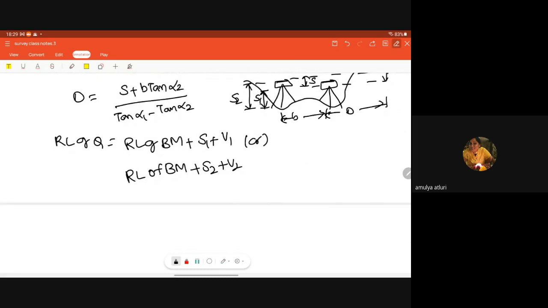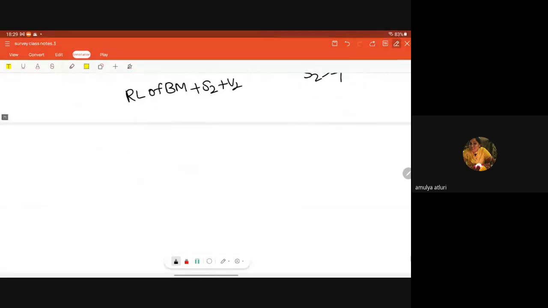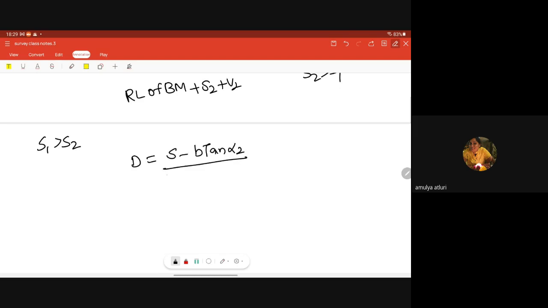This is the case if my S2 is greater than S1. If my S1 is greater than S2, then what is the case? Then D is equal to S minus B into tan alpha 2 by tan alpha 2 minus tan alpha 1. Got it? This is the formula.